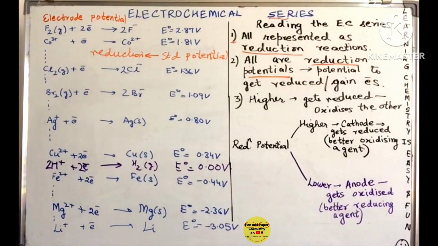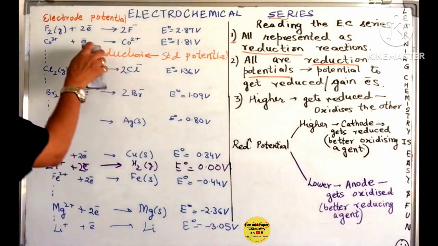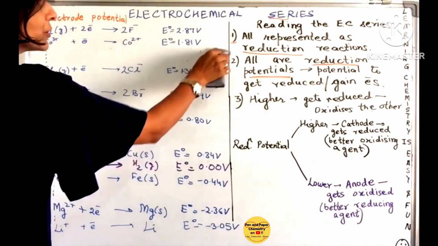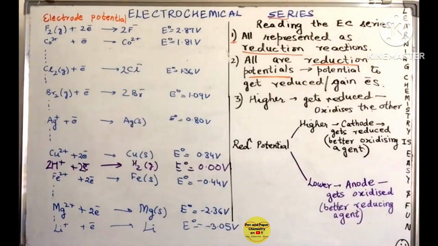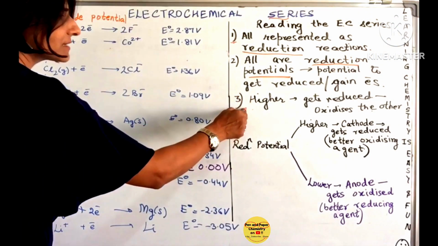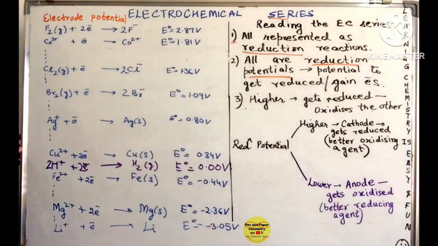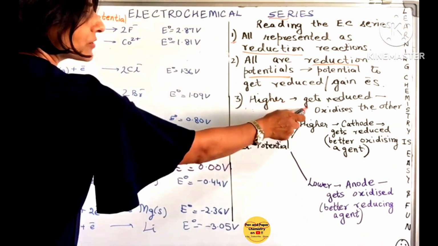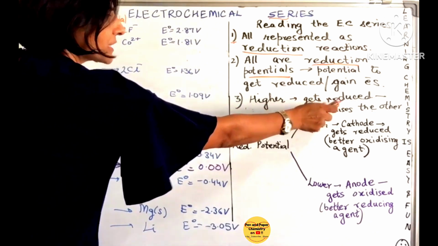Potential means capacity, ability. So reduction potential means the potential to get reduced, the potential to gain electrons. So more the reduction potential, more is the tendency to get reduced, right? In other words, that gives us the third point. Higher the reduction potential, more is the tendency to get reduced.